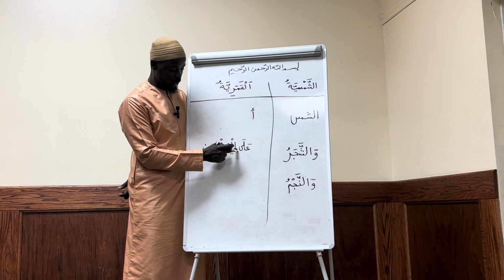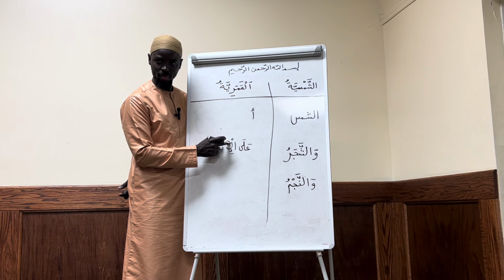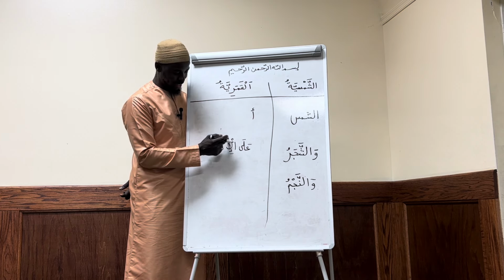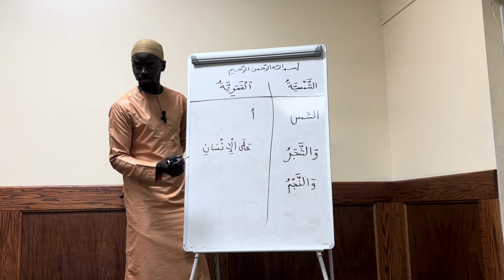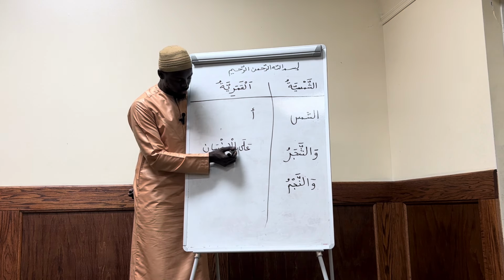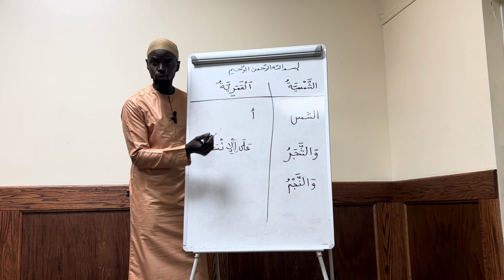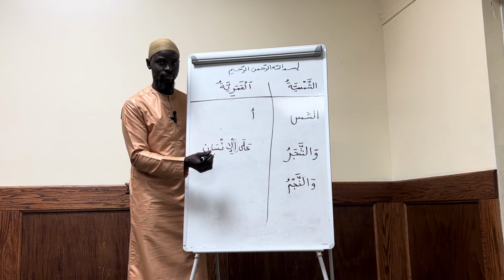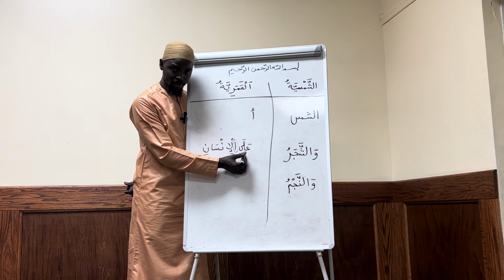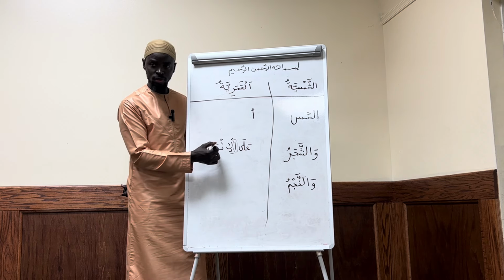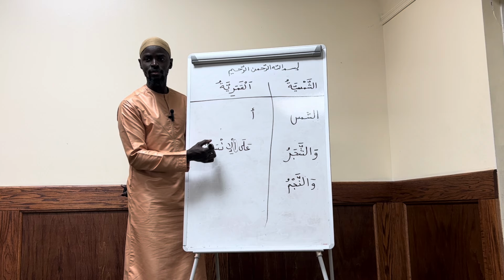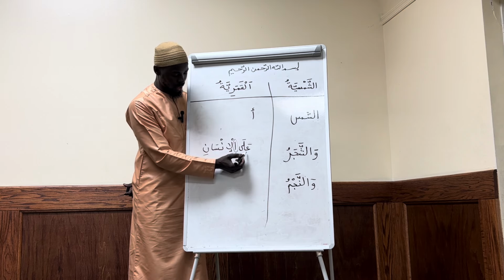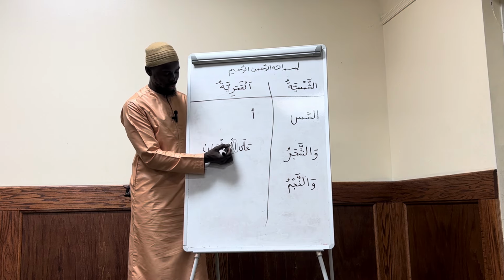No. You connect the lam with the lam. Alal insan. So the moon letters, you only skip the alif. If you are connecting them, you only skip the alif. And then you join the letter to the next al. Hal ata alal insan.